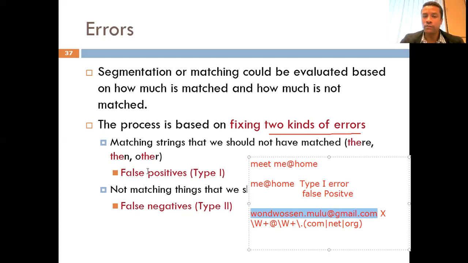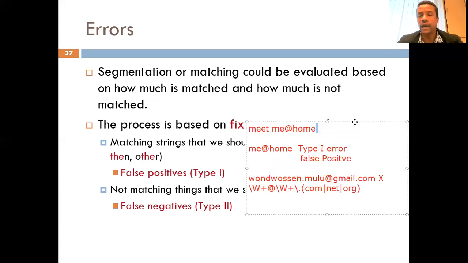For the first one, we say false positive to mean that your program says positive, but that is false. So these are the two common types of problems that we encounter in analyzing any program. The first one is type 1 error. The second one, we call it type 2 error, and this means false negative.